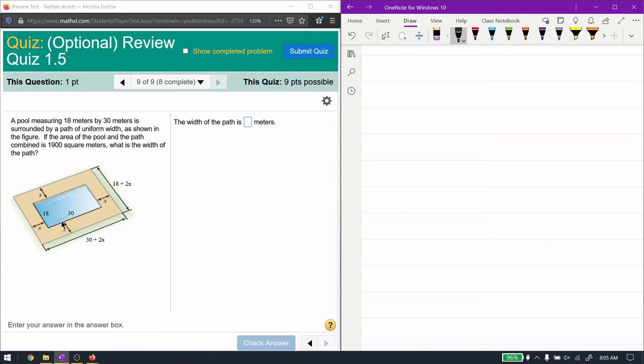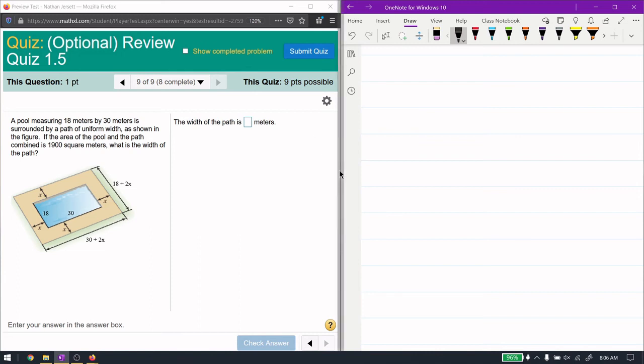And then 30 is the length of the pool. And then we have an x width for the path on each side. So we have 30 plus x plus x. That's 30 plus 2x. That's the length of the whole area that we're looking at.